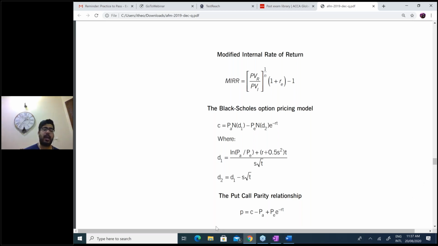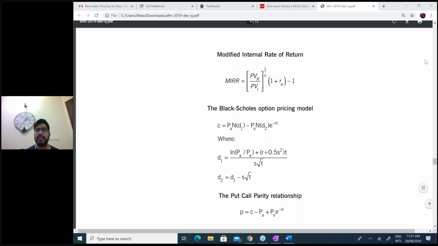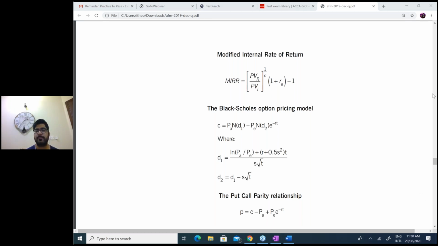Now, whenever we teach this topic in the classes, people ask, and I have a question here as well: how are these formulas derived?